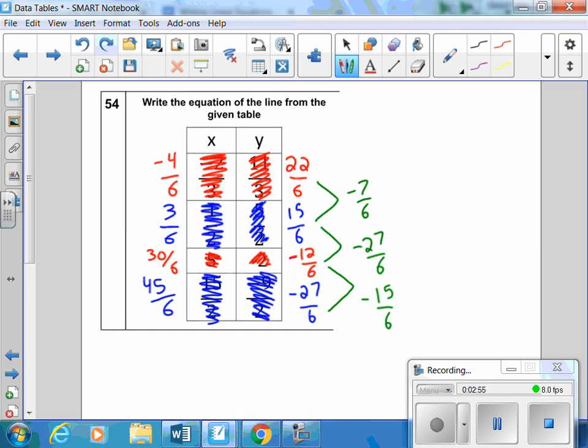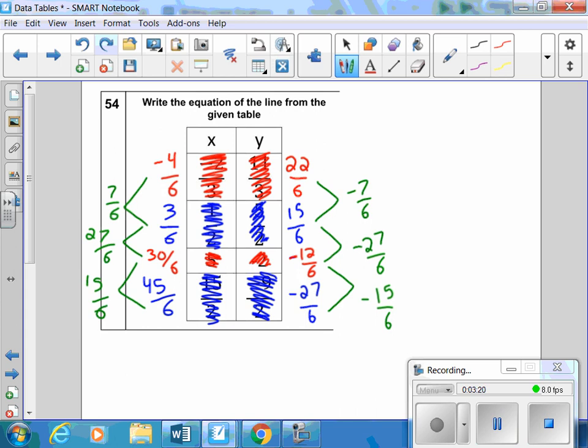On the other side, if we go from negative 4 over 6 up to 3 over 6, you're going up 7 over 6. If you go from 3 over 6 to 30 over 6, you're going up 27 over 6. And then 30 over 6 up to 45 over 6 is 15 over 6.